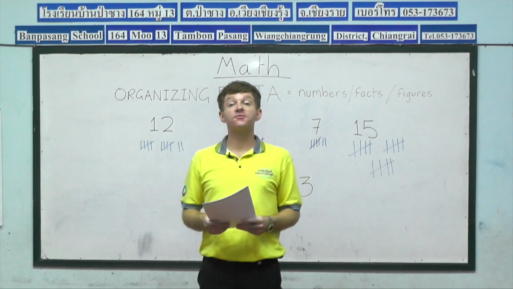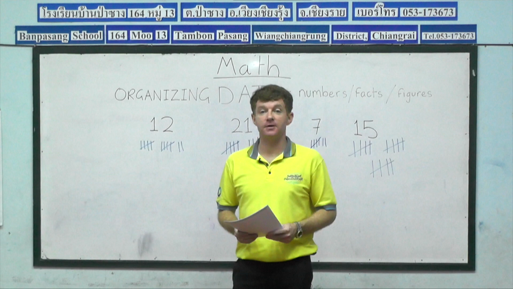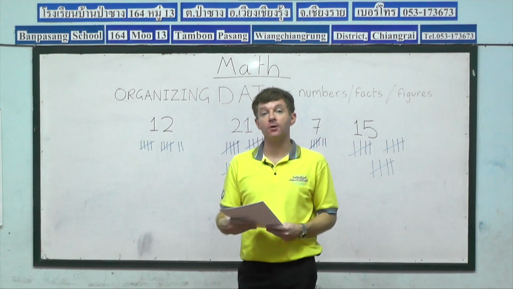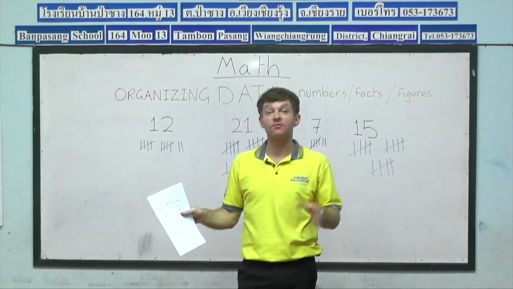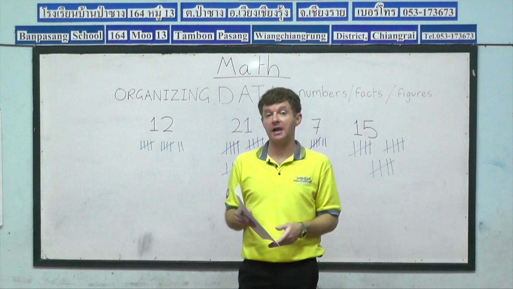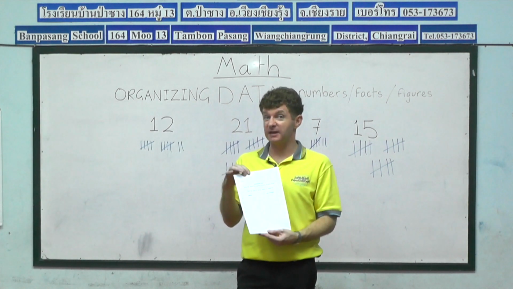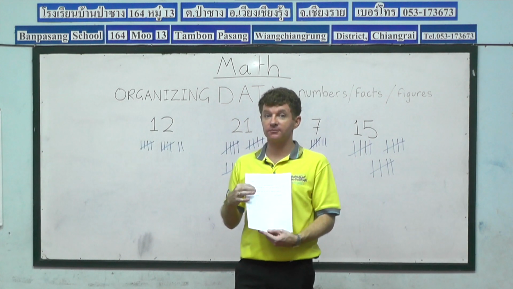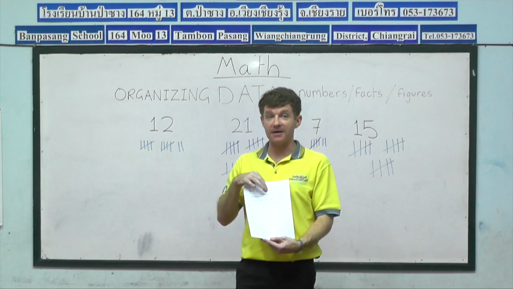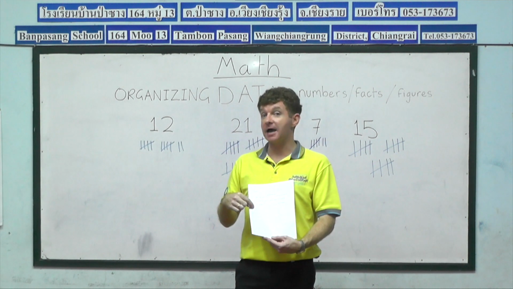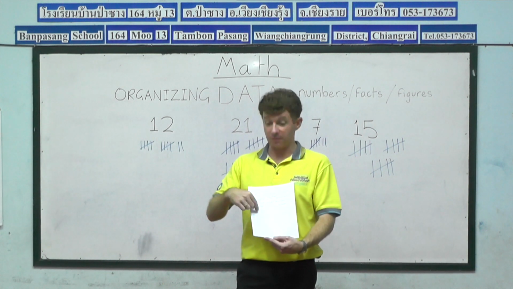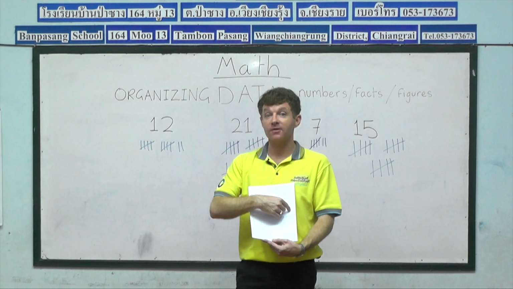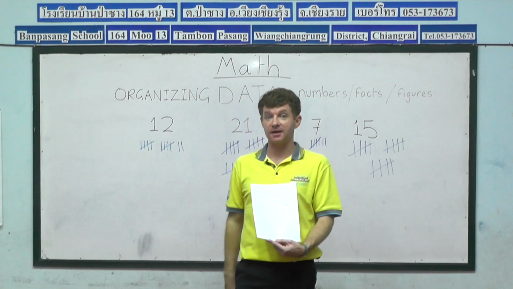And now it's time for our worksheet activity. So teachers, what you'll need to do is print off the worksheet for each of the students in your class. And what our students need to do is look at the final amount of animals given for each category, write the name of the animal in the left-hand column, and then do a tally chart for the corresponding total that they're given.